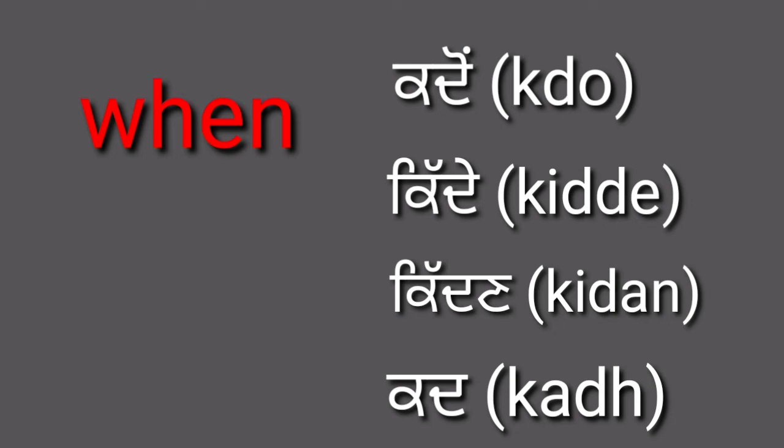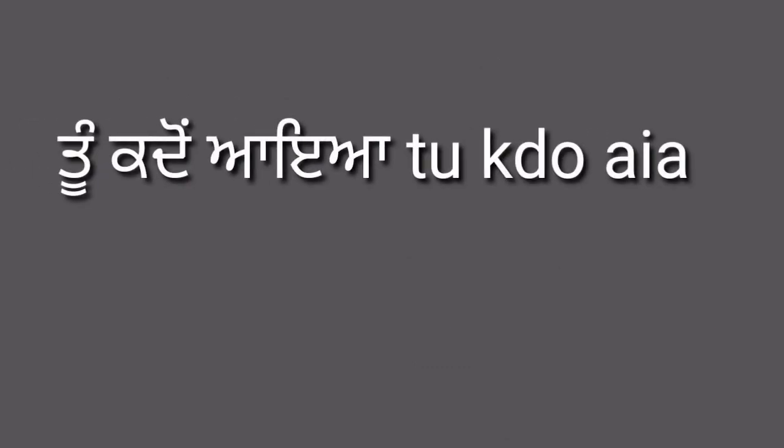So the word kidde basically we use when we are asking for a day, right? For example, if I ask you tu kadon aaya, what does it mean? It means I don't know anything about when did you come, so that's why I ask.